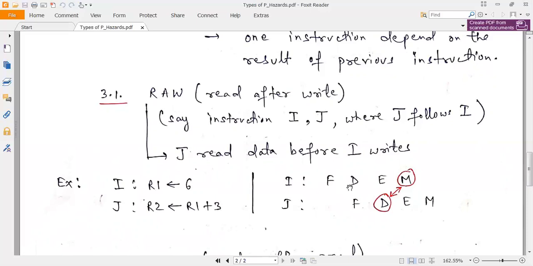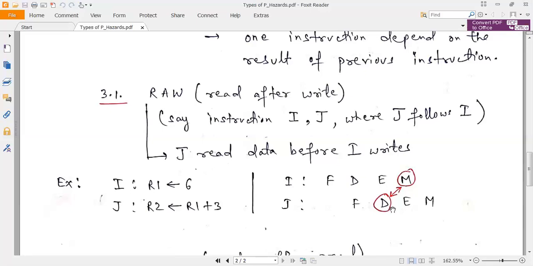So see this, FDEM, FDEM for J. That means this J instruction has to wait till I completes, because J is dependent on R1 and R1 is a part of I. Until memory write back of instruction I, that is, I storing this 6 into register R1, memory write back is required. After that, J will start.